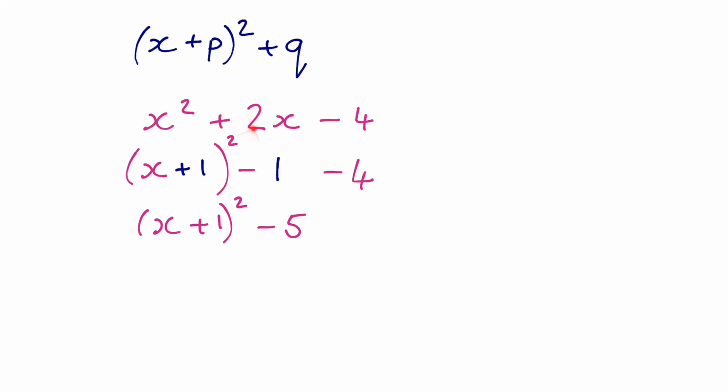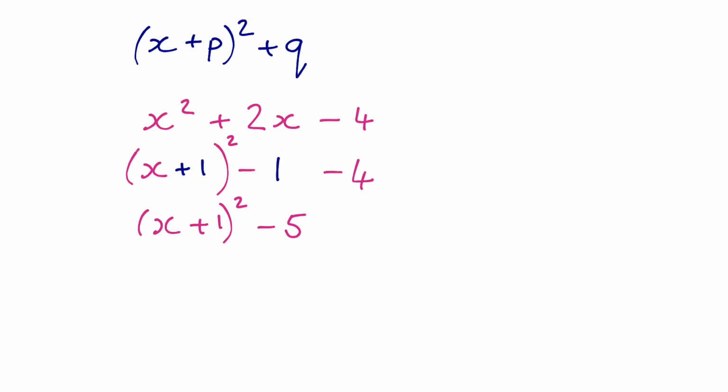We had a positive coefficient of x, therefore this made the p positive, and for the q we had a subtraction of 1 and then we had a minus 4 as well, and whenever we added these two together we end up with negative 5.